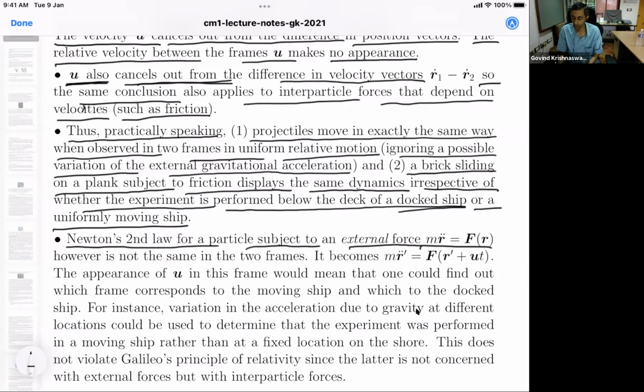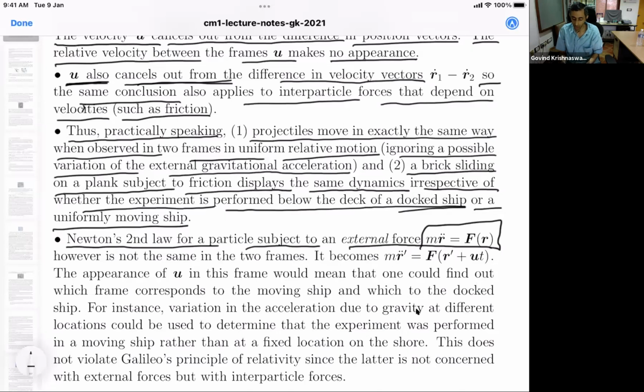So that is what this equation refers to. m r double dot is equal to F of r. This one could refer to just a single particle subject to an external force. This external force could be the force due to the gravitational field of the Earth. So that is something external to the ship and the room in the ship.